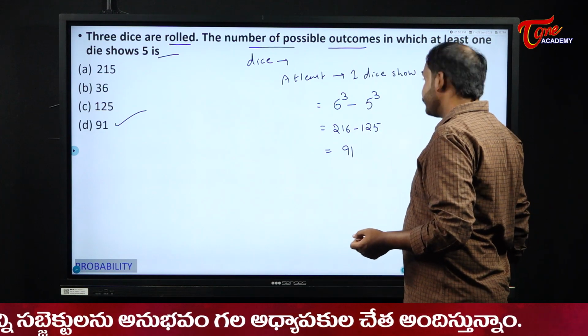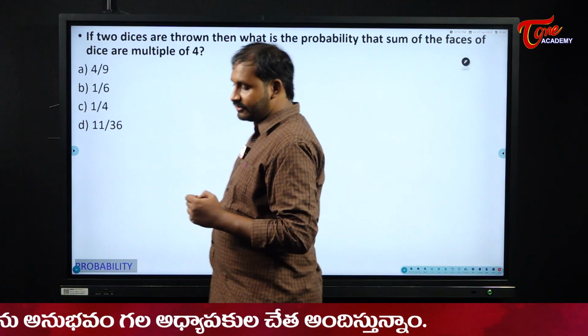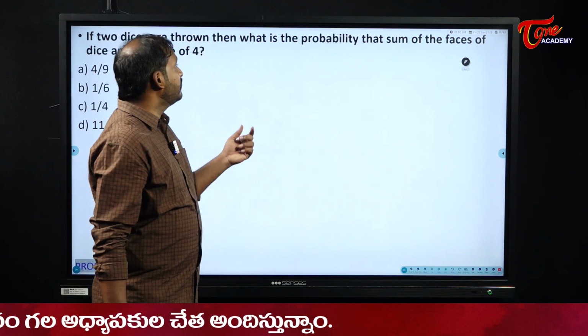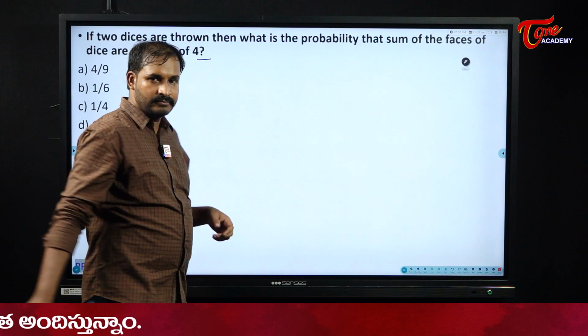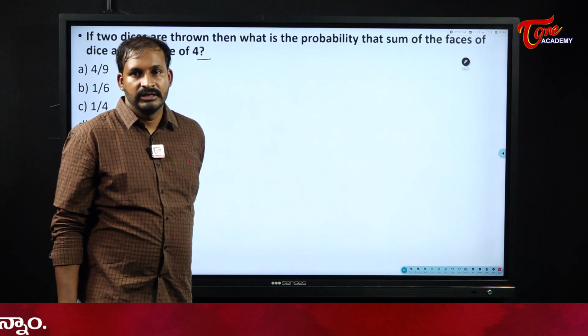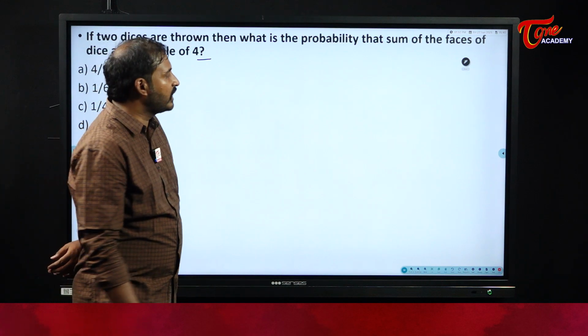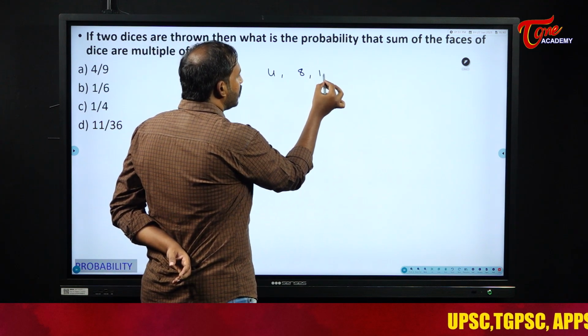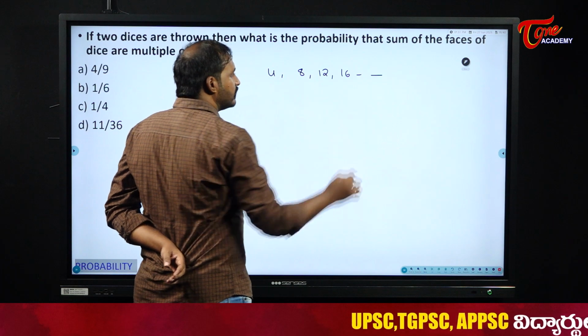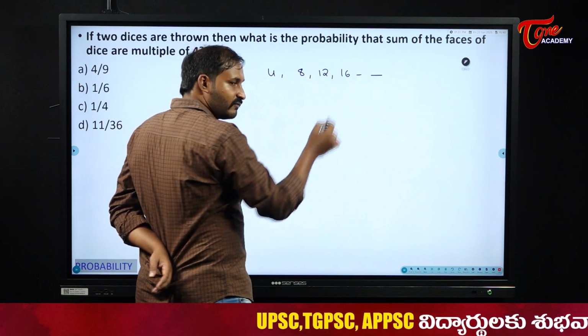Next one. If 2 dice are thrown, then what is the probability that the sum of the faces of the dice is a multiple of 4? See here, students, multiples of 4. What are the multiples of 4? 4, 8, 12, 16 and so on. But do we require from 16 onwards? No. Why?